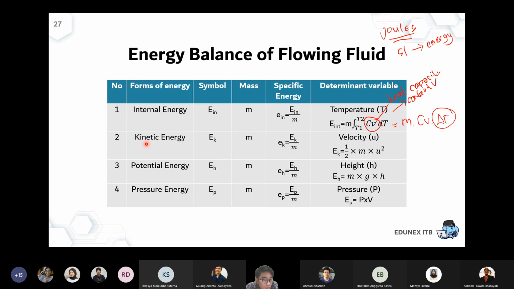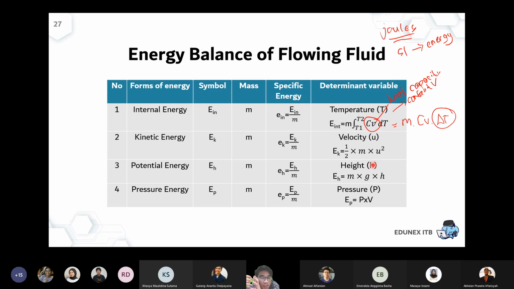Okay, the third one is potential energy. So potential energy is the energy contained in fluid flow due to the height of the fluid. Remember again that in a complex chemical plant, you will see a very chaotic or very complex pipe arrangement, right? It won't be just one horizontal pipeline with the same height.